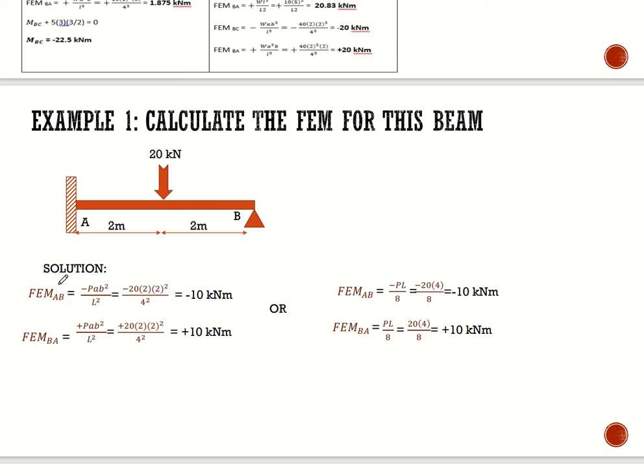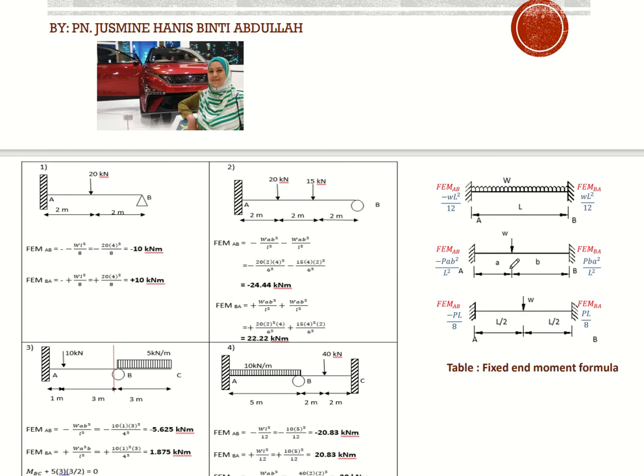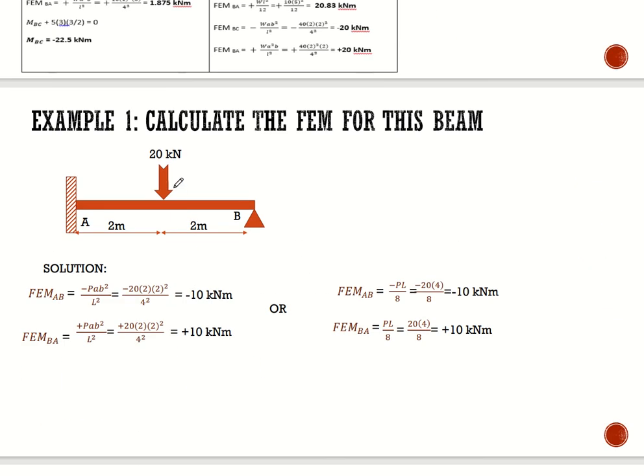Then we also can use the second formula to find the fixed end moment when the point load is subjected to the beam. At the left side the symbol is A, and the right side is B. So we have A is 2 and B is 2.